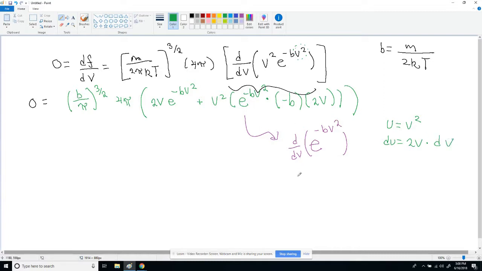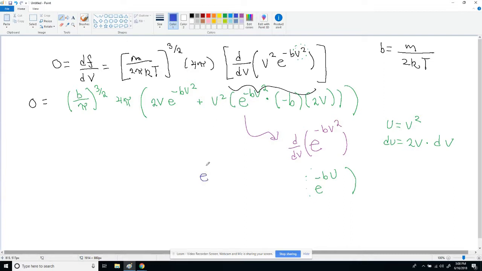Okay, so in this case here, we would have e to the minus b times u, and we know that the derivative of e to the x, let me write it over here.